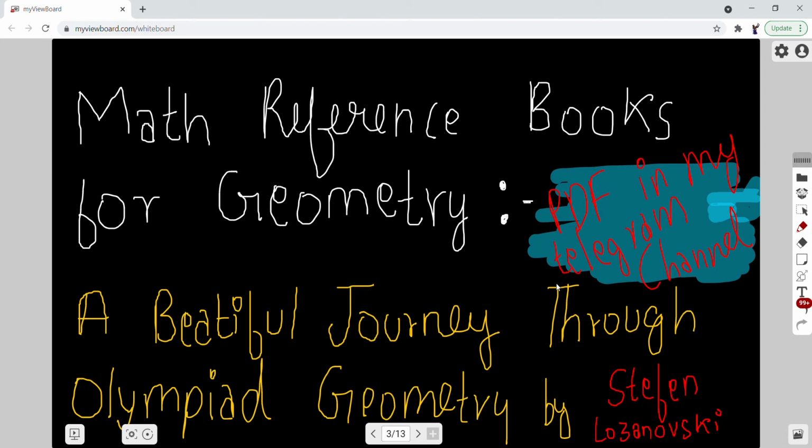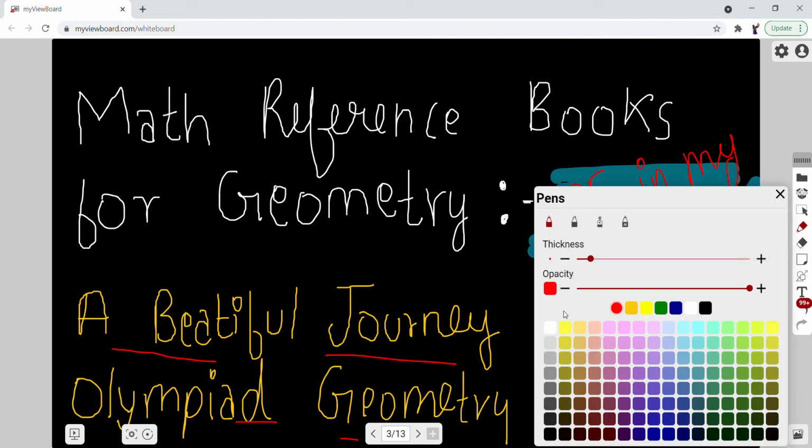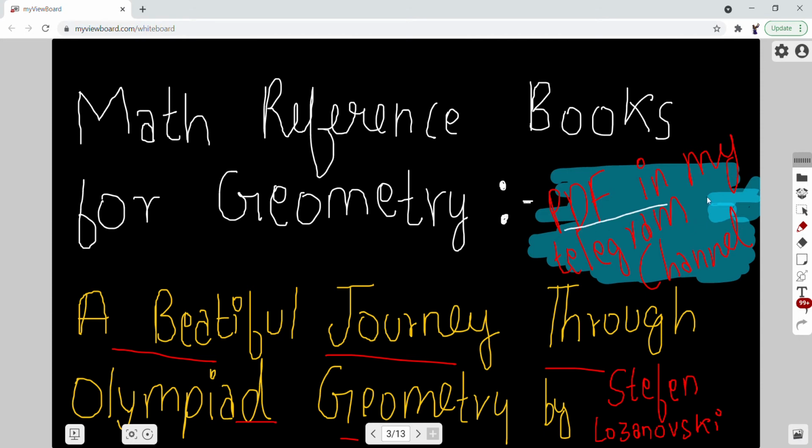So in this course for geometry, we are gonna use a book called A Beautiful Journey Through Olympiad Geometry, and the book is by Stephen Lazinowski, weird name though. So you will find this PDF in my Telegram channel.